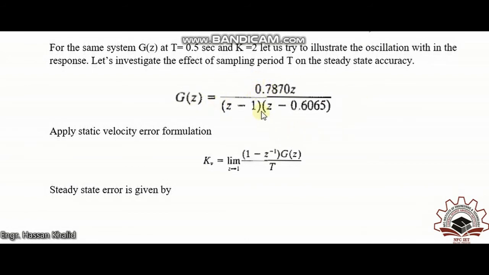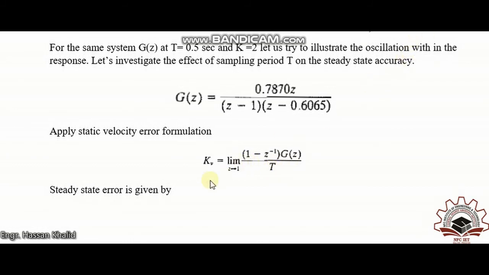The simplified version of this is 0.787 divided by z minus 1 times z minus 0.606. According to the formulation, the static velocity error is defined by Kv equal to the limit where z approaches 1 of 1 minus z raised to the power minus 1 times G of z divided by the sampling time.